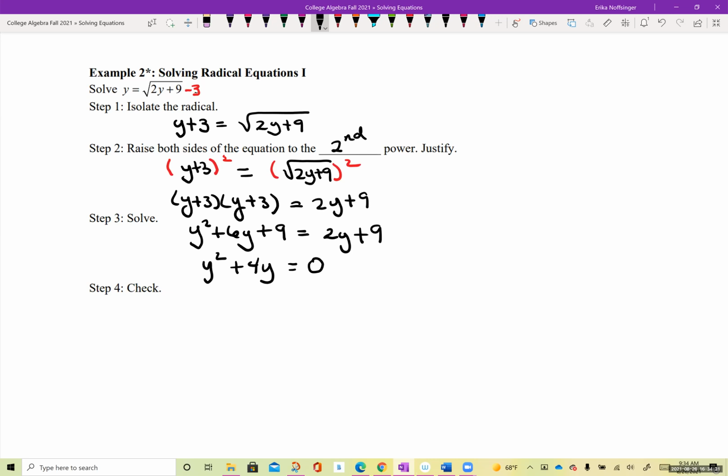So solving this, we can factor out a y from both of our terms on the left. So that gives us y times the quantity y plus 4 is equal to 0. So I have two solutions for answers. y equals 0, y plus 4 equals 0, which is y equals negative 4.